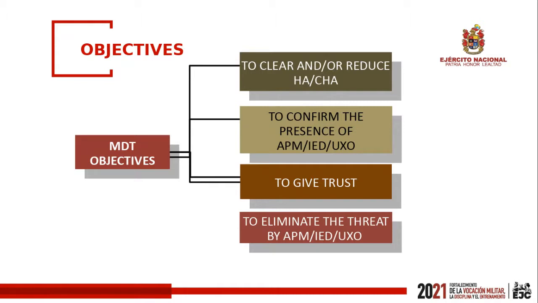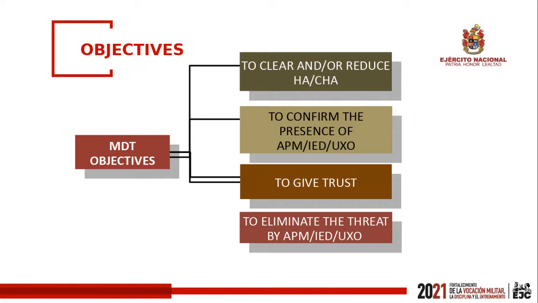The second is that we have to confirm the presence of the anti-personnel mine or the IED in the area or portion of an area that has been classified as dangerous or confirmed dangerous after conducting a non-technical study, and identify the type of the threat and the limits and the characteristics. That can be soil, the vegetation, the climate, the geography.